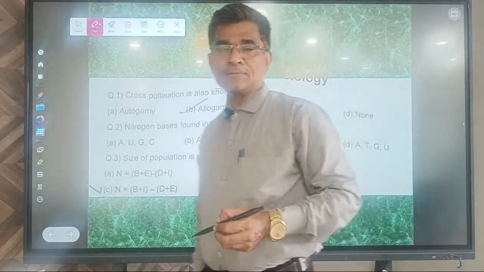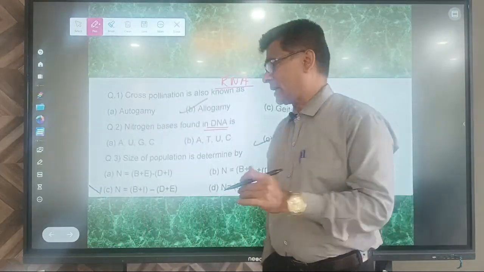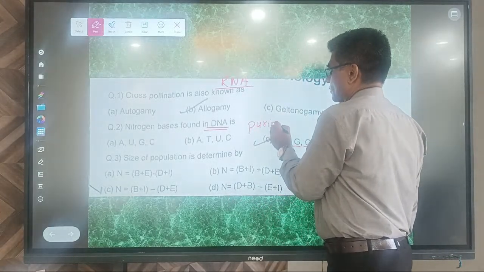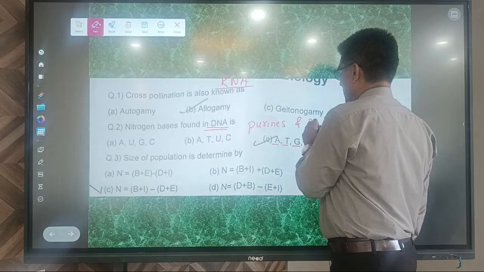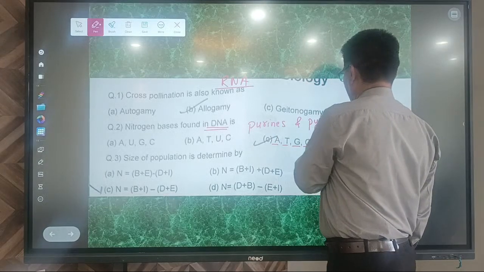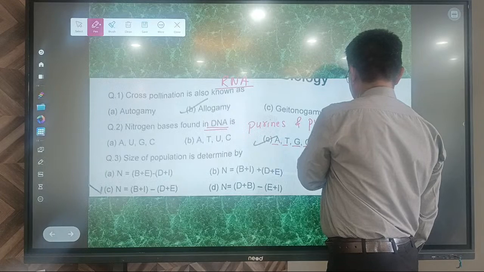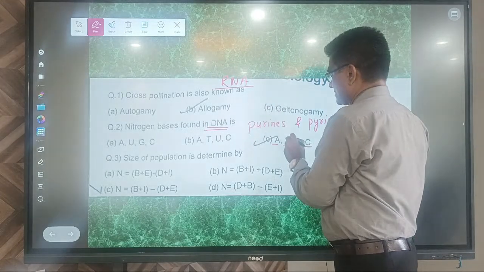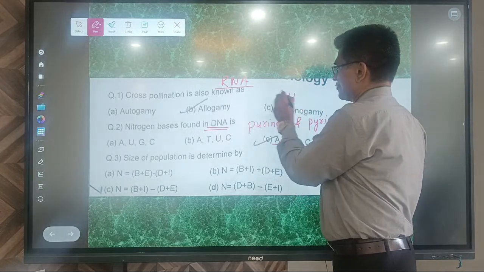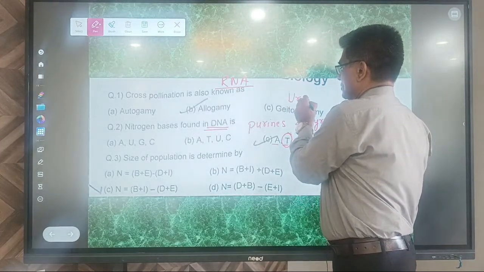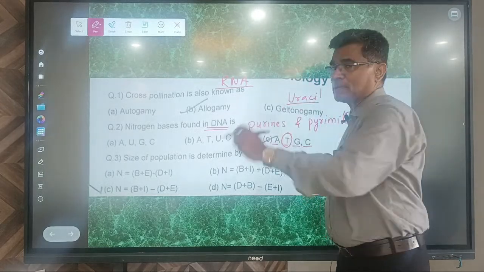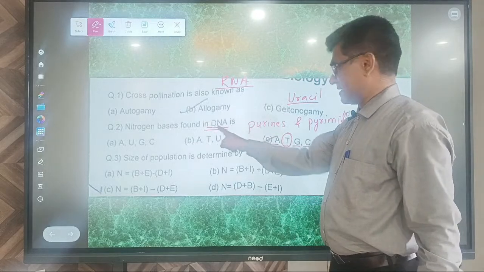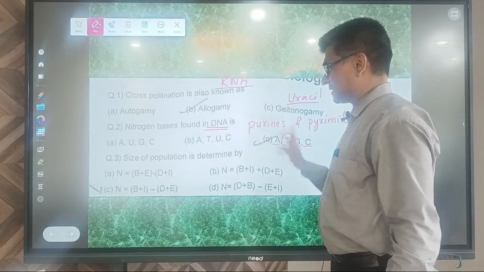These are the four types of nitrogen bases, categorized into purines and pyrimidines, and they are important parts of DNA structure. If it is RNA, then T will be replaced by U, that is uracil. So in case of RNA there will be uracil and no thymine. But the question is about DNA, so ATGC is the right option.